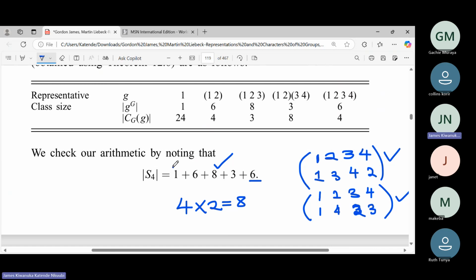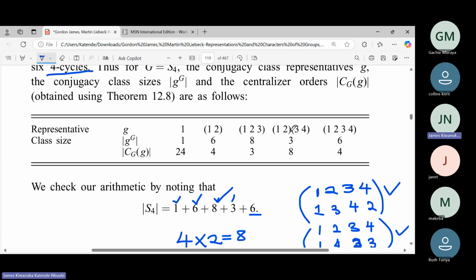So this gives you the number of elements. The conjugacy class of the identity contains only one element. Then the conjugacy class of permutations of shape cycles of length 2, then cycles of length 3, then permutations of shape 2, 2, and then cycles of length 4. That gives you all the conjugacy classes of S4.